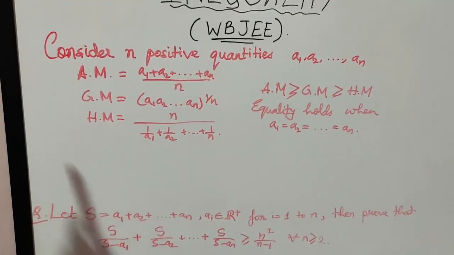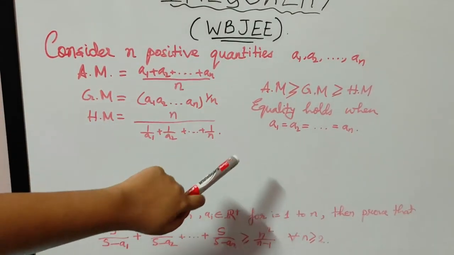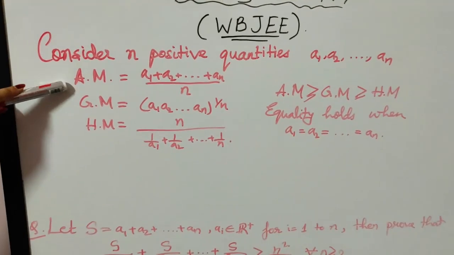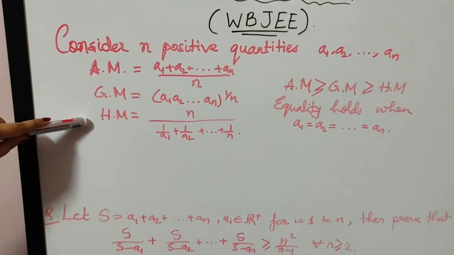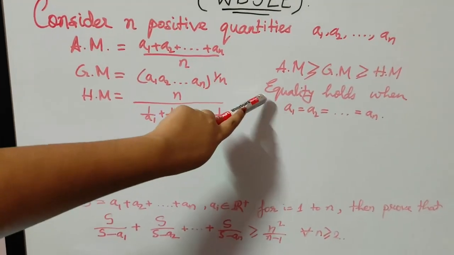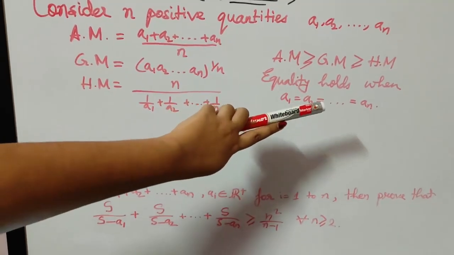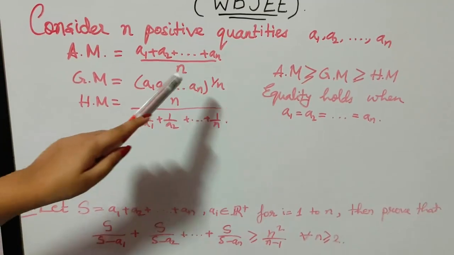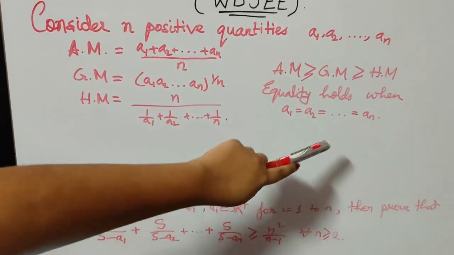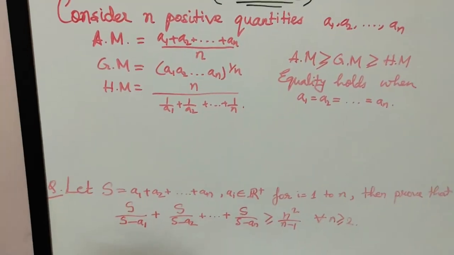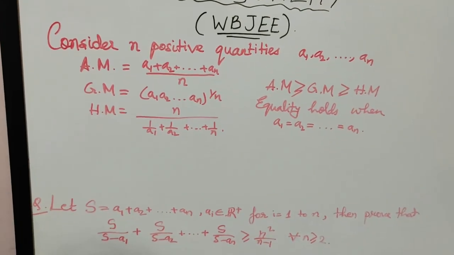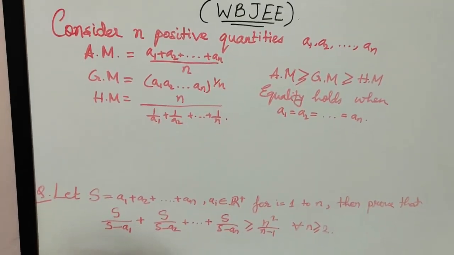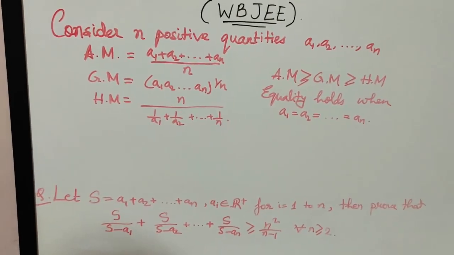In a similar fashion, if we consider n positive numbers a1, a2 up to an, we have the same formula for arithmetic mean, geometric mean and harmonic mean, and the same inequality, AM greater than or equal to GM greater than or equal to HM. And of course the equality holds when the individual terms a1, a2, an are all equal. So next we move to an example to understand the applications of this theorem.